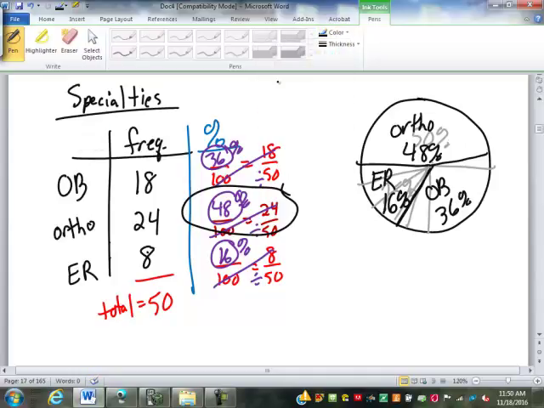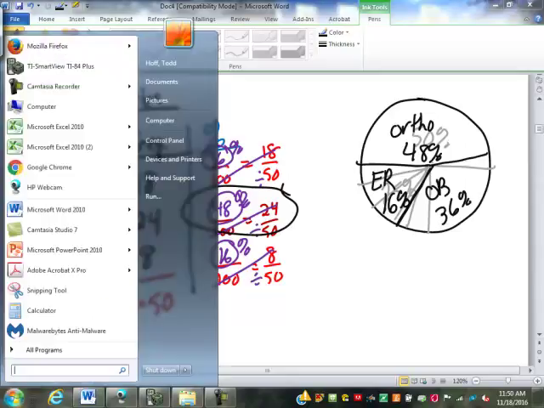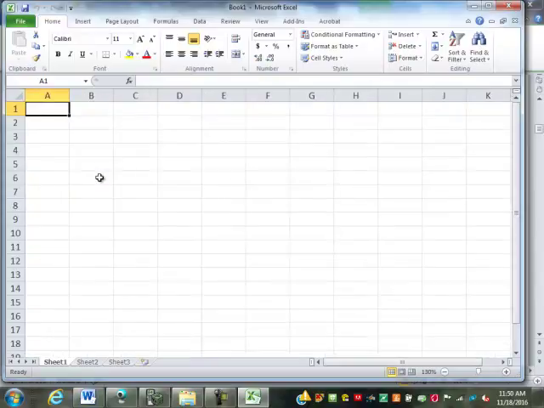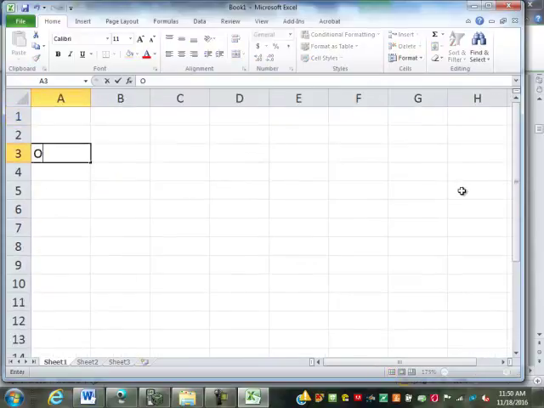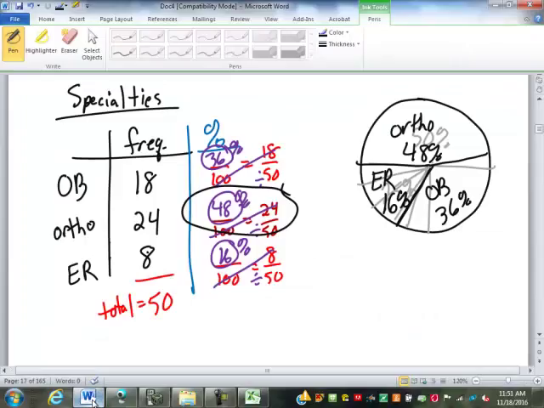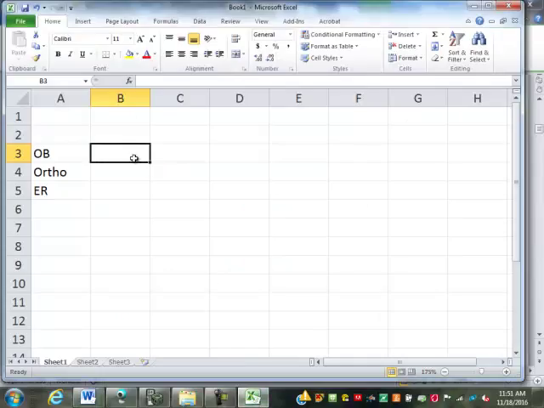So we've constructed it. It's a little rough, but it's good enough for doing it by hand. Like I said, if we wanted it perfect, I could pull up Excel. What were my numbers again? 18, 24, and 8.